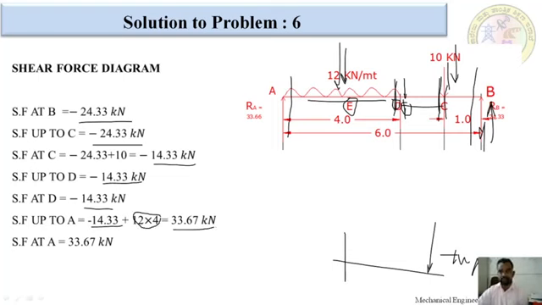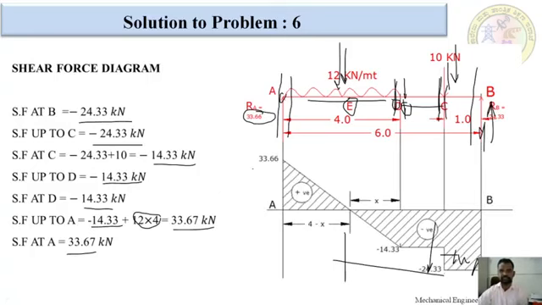Up to A point we are having the same value, 33.67. At A also we will get the same value, 33.67 kilonewton. What would we get at reaction A point? This A point also we are having the same value, then only the calculation is correct. Okay. After this one we are going to draw SFD. This is the SFD.